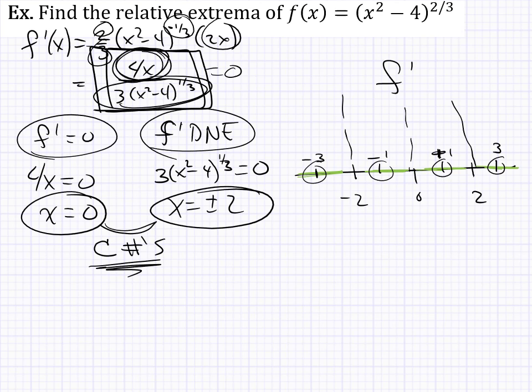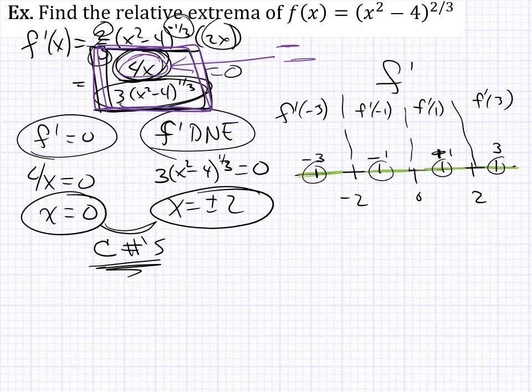And so what I'm going to do is find f prime of -3, f prime of -1, f prime of 1, and f prime of 3, and see what kind of answer I get. Now again, the actual answer isn't as important as what kind of answer. So when I plug -3 into this derivative, if I plug -3 into the numerator, I'm going to get a negative answer.